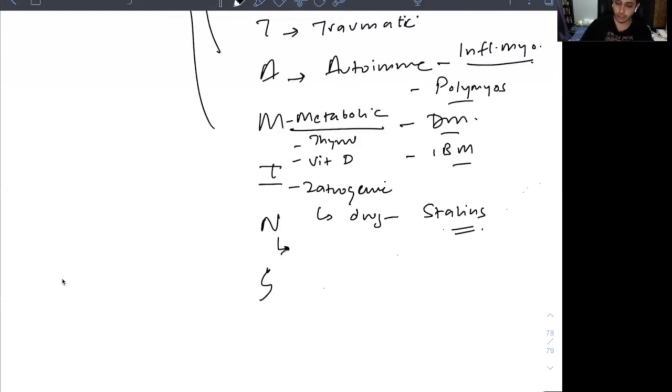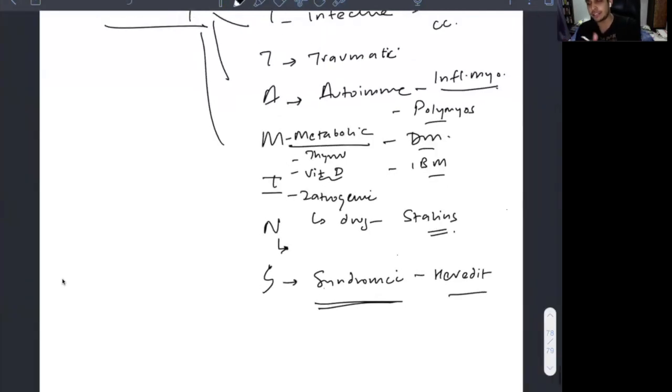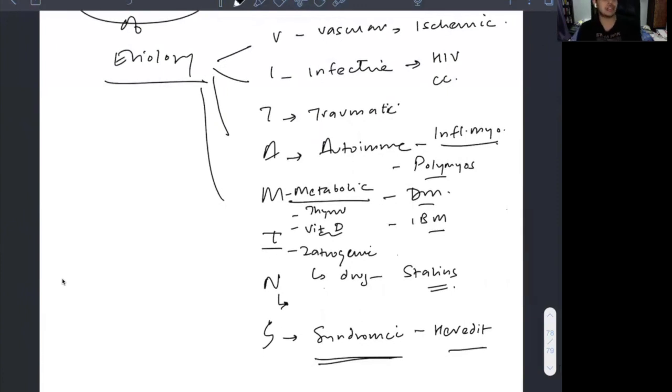Nutritional deficiency. So vitamin D can be here as a nutritional deficiency, and syndromic. So syndromic is your hereditary myopathy. So all your limb girdle muscular dystrophies and acid maltase deficiency, all your glycogen storage disorders, all of them can come as muscle involvement.